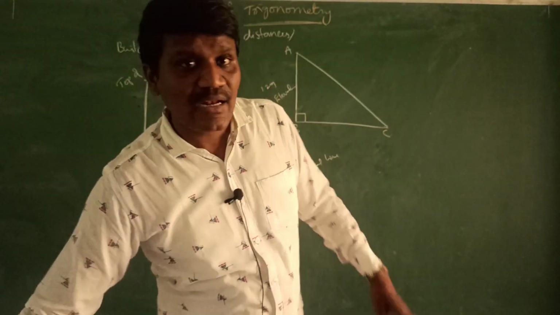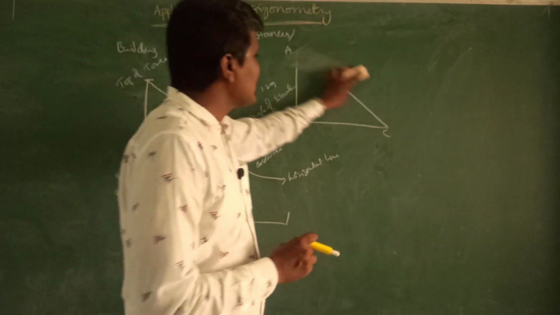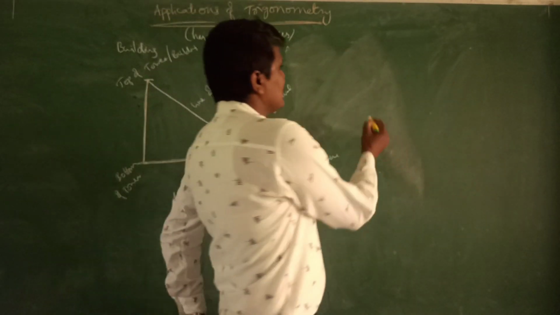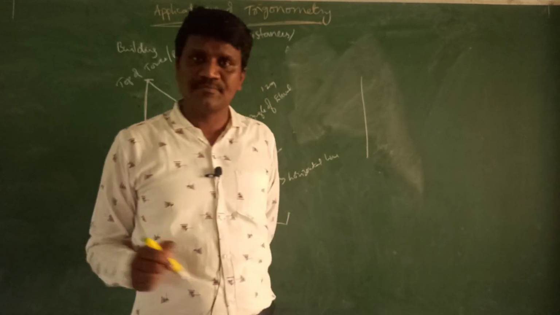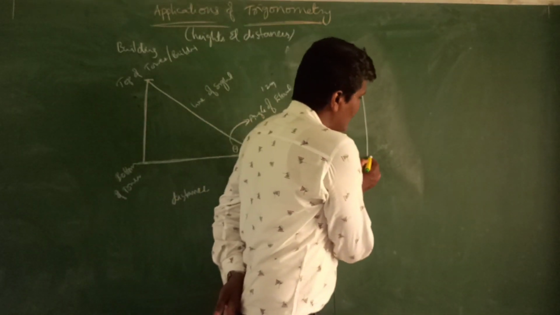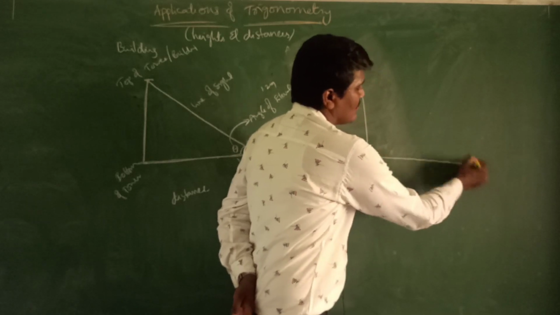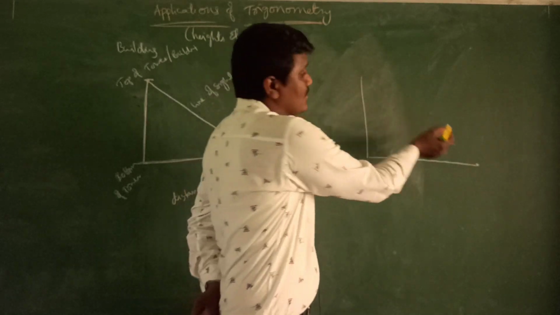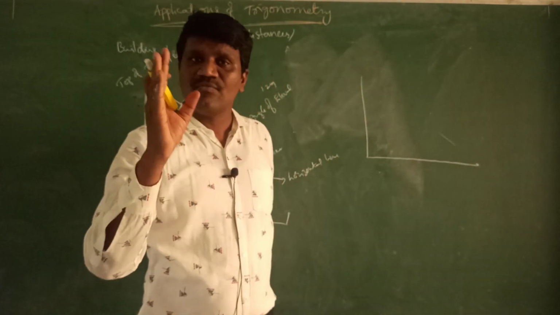Now let's see angle of depression. Suppose this is a tower or building, and one observer is there. From here to here, if he watches, that is called angle of elevation.